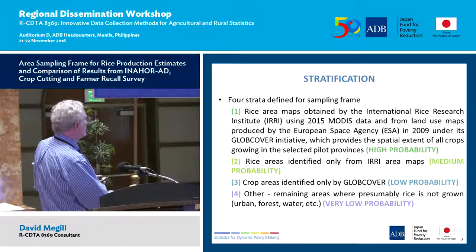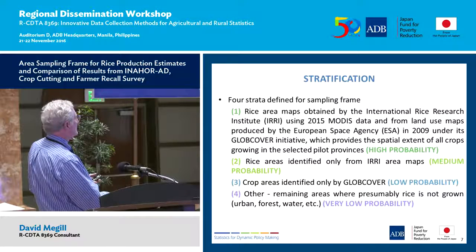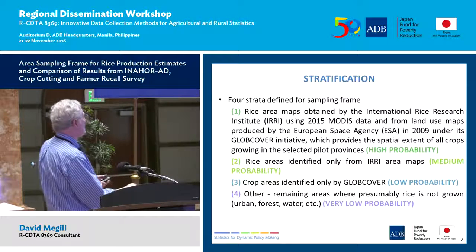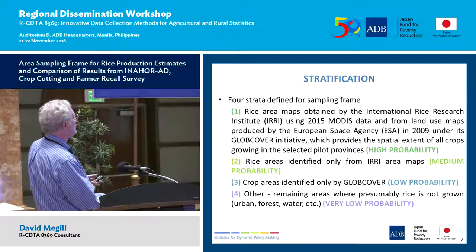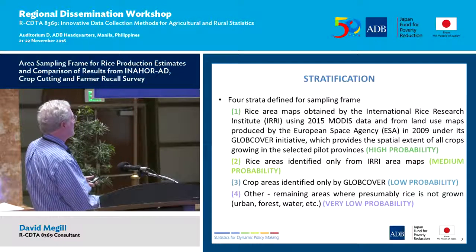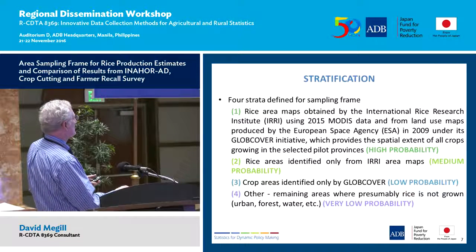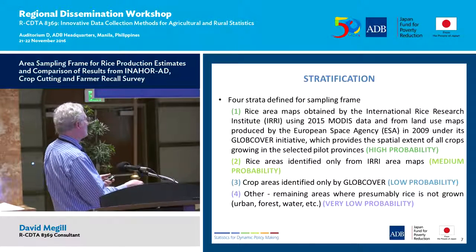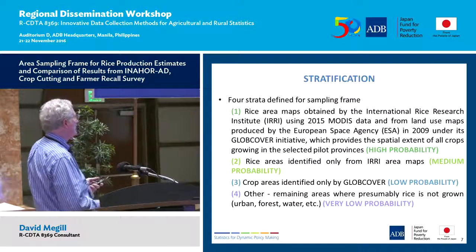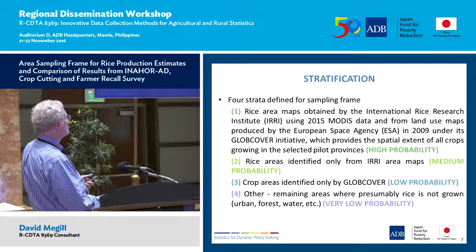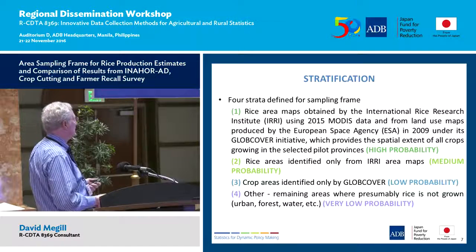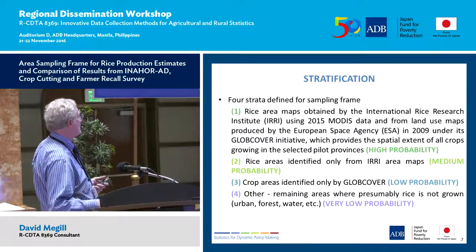And just quickly, in terms of the first strata, you have maps obtained by IRRI, based here in Los Baños, using 2015 MODIS data and from land use maps produced by the European Space Agency under its GlobCover initiative. And this was used to identify the extent of rice growing in the different selected provinces.